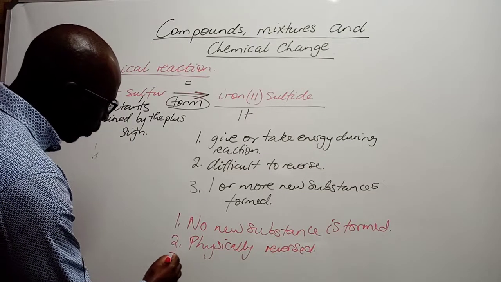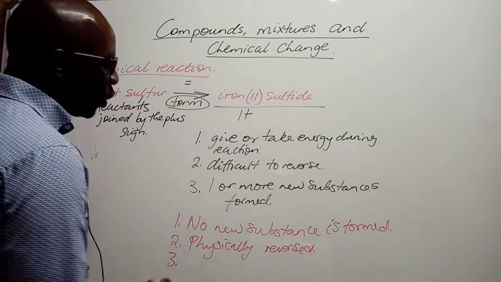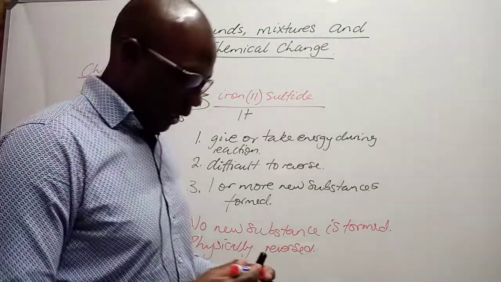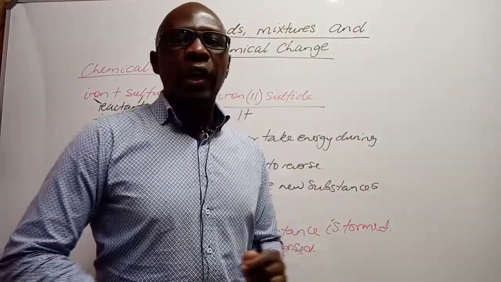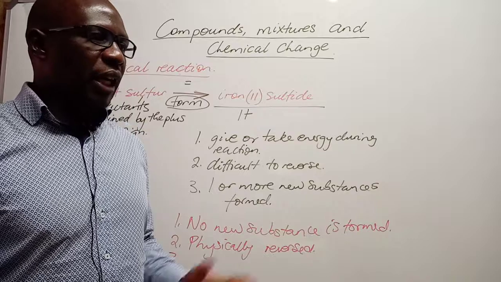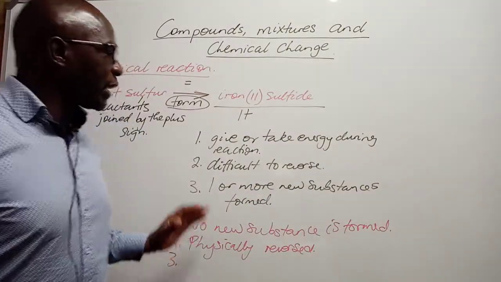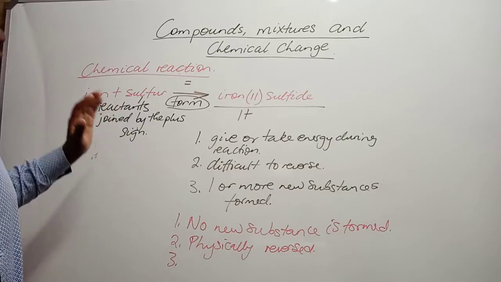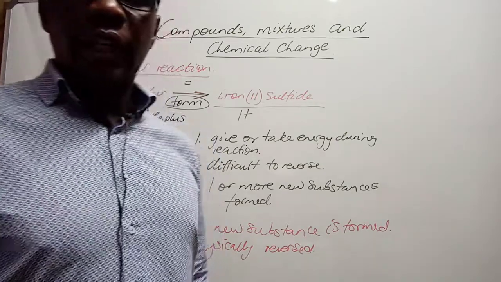And then the third one is that these may not need energy, and they may not give off energy when the physical change happens. So these are the features of chemical reactions as well as physical changes.